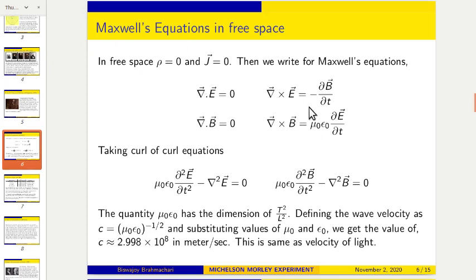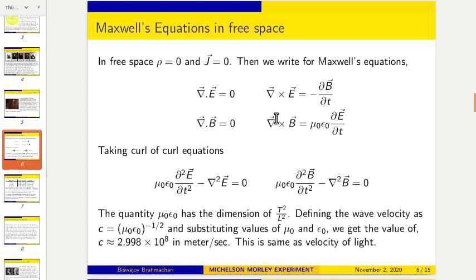The electric and magnetic fields are coupled. They satisfy differential equations which are coupled at the first order but decoupled at the second order. But those are details. These are the main 4 Maxwell's equations in free space.